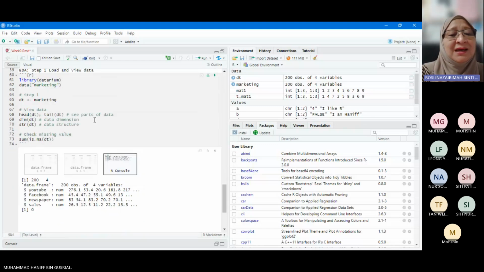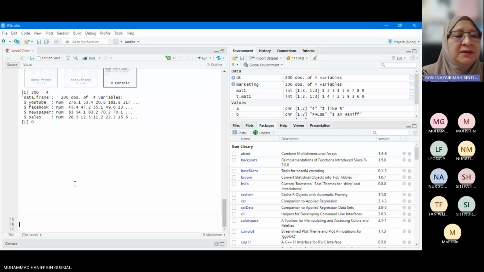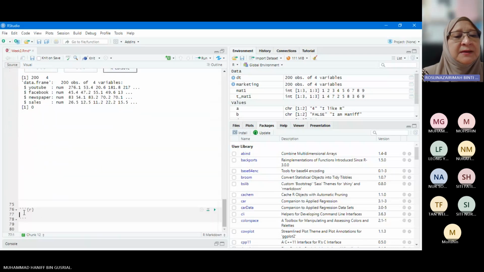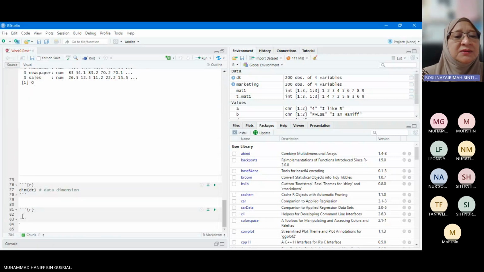Create a new one first. Okay, so you make 3 or 4. 1, 2, 3, add 3. Many is fine, so that you understand the output of each.